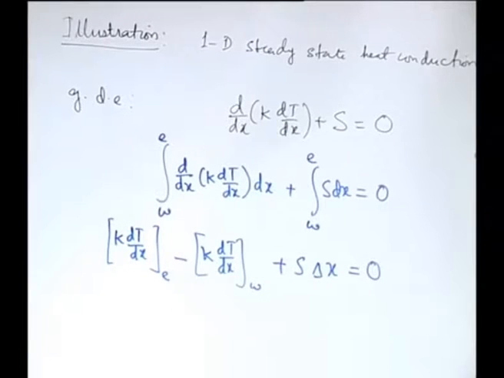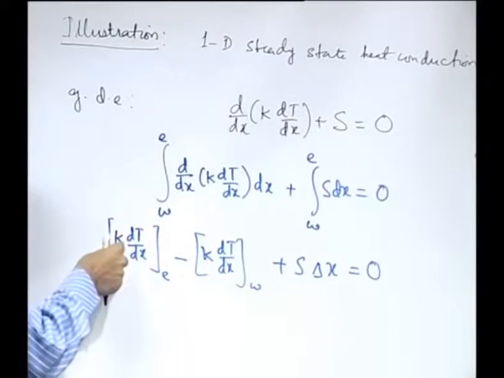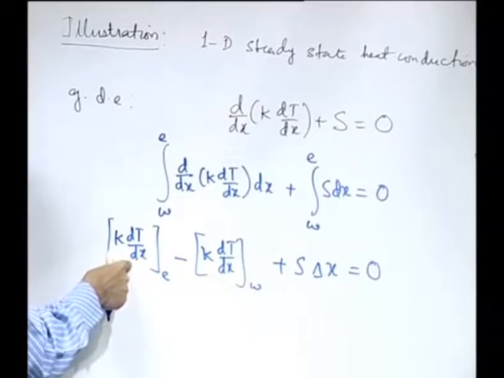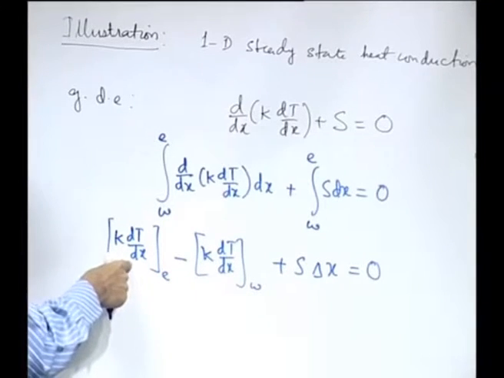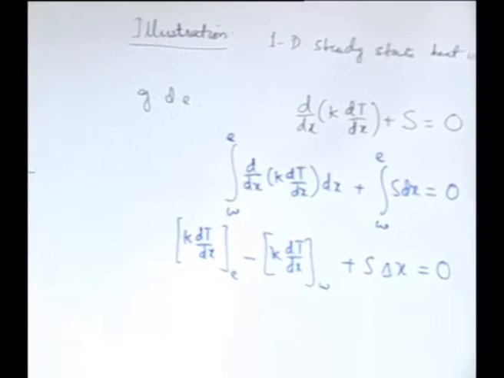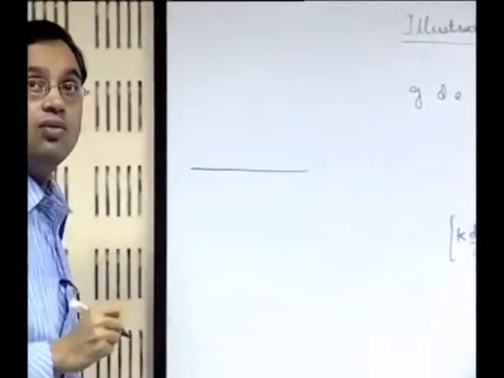Then the next step of the discretization is that we have integrated and got the corresponding expressions, but these are still differential expressions. To get corresponding algebraic expressions, we must have a profile variation for T as a function of x, so that we can calculate dT/dx. So, the problem boils down to some assumption on how T varies with x.